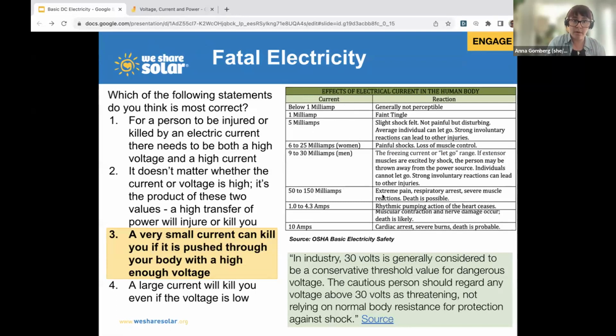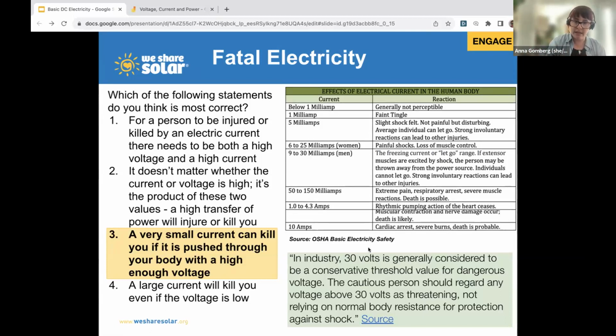So a small current, and then obviously a larger current is more dangerous. So a small current can kill you, but your body offers quite a lot of resistance. You do conduct, but not very much. So the force of electricity is the voltage. So in order to get that current through you, you need a high voltage.